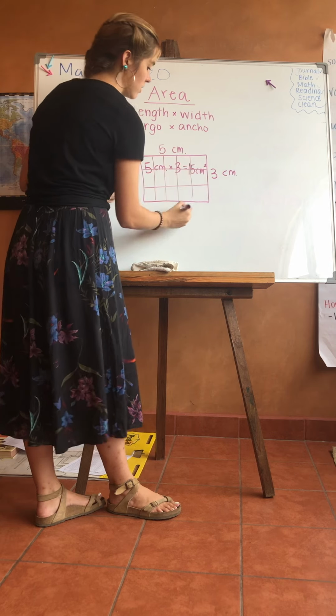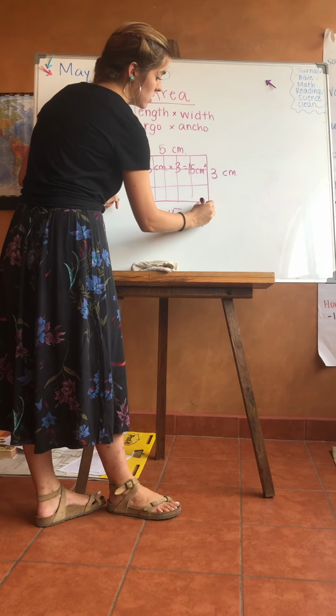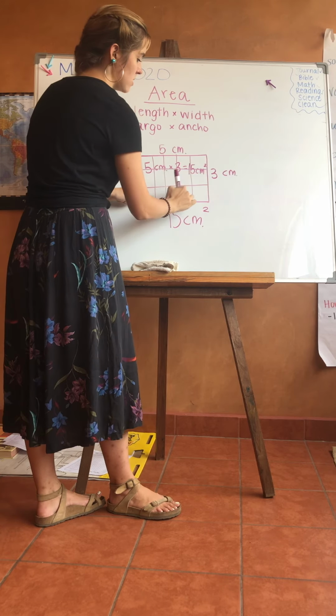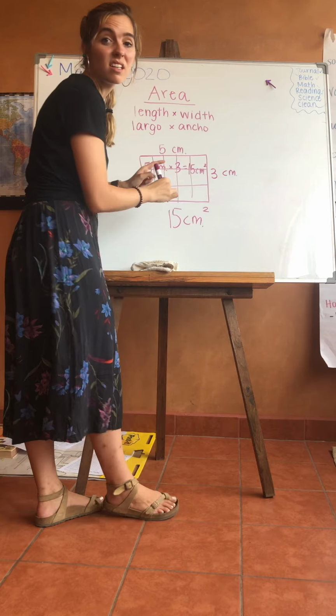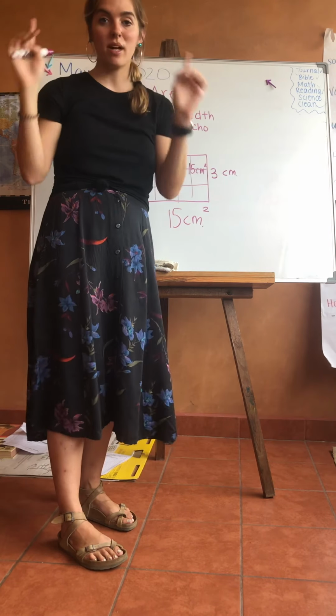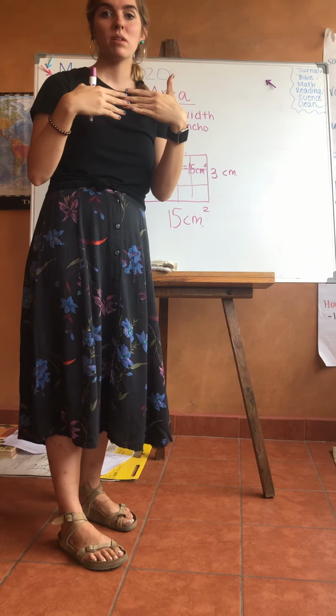So that little number, 15 centimeters squared, is because that's how many squares it took to fill up the space of the area of the rectangle. So the area is the inside of the shape.